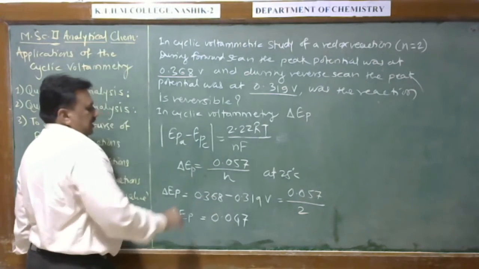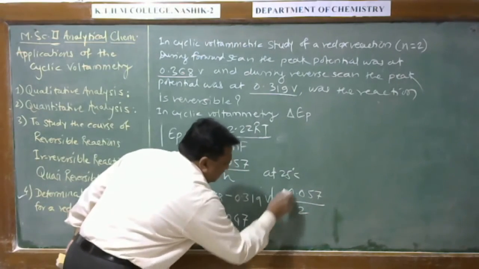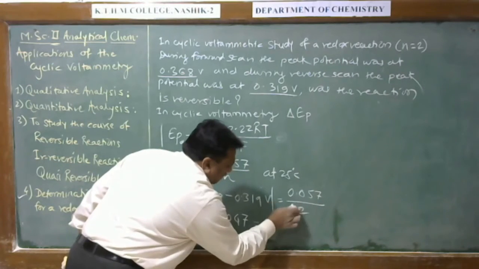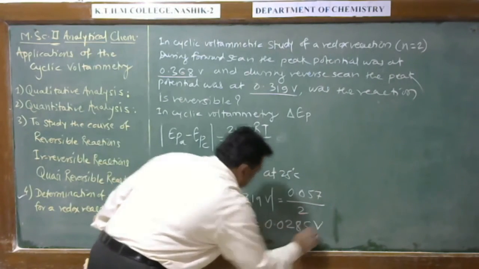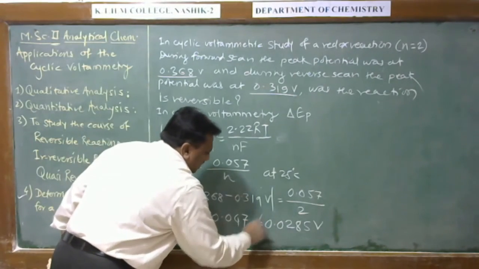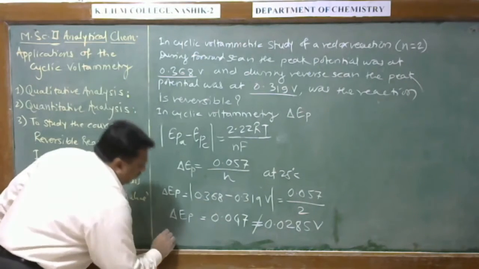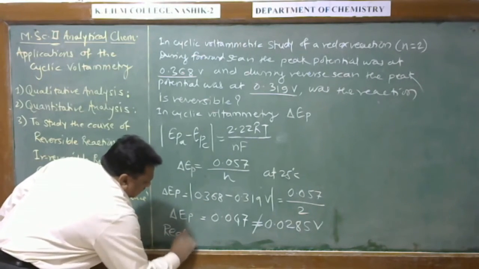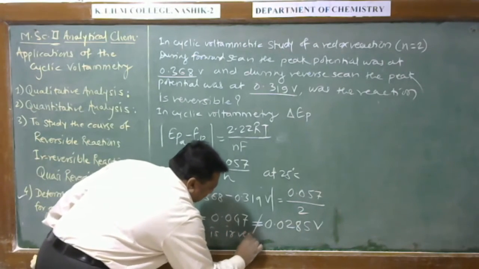This is to be compared with 0.057 upon 2, which is 0.0285 volt. That means delta EP is not matched with this N value or this ratio, and therefore reaction is irreversible. Reaction is irreversible.